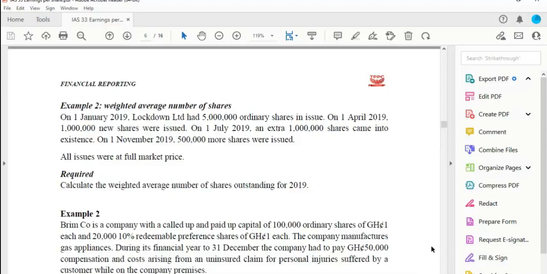Sure. It's correct. And then the second one, the July one, you add the 1 million to the 1.5 million, which makes it 2.5 million. And that one lasted for 4 months. Sure. And then the 500,000, you add it to the 2.5 million, which also lasted for 2 months. Okay, that's correct.